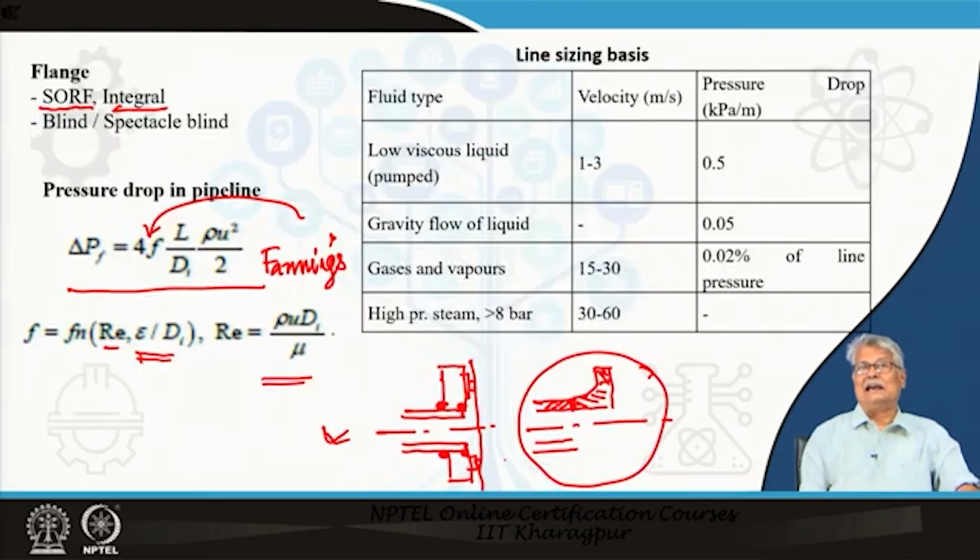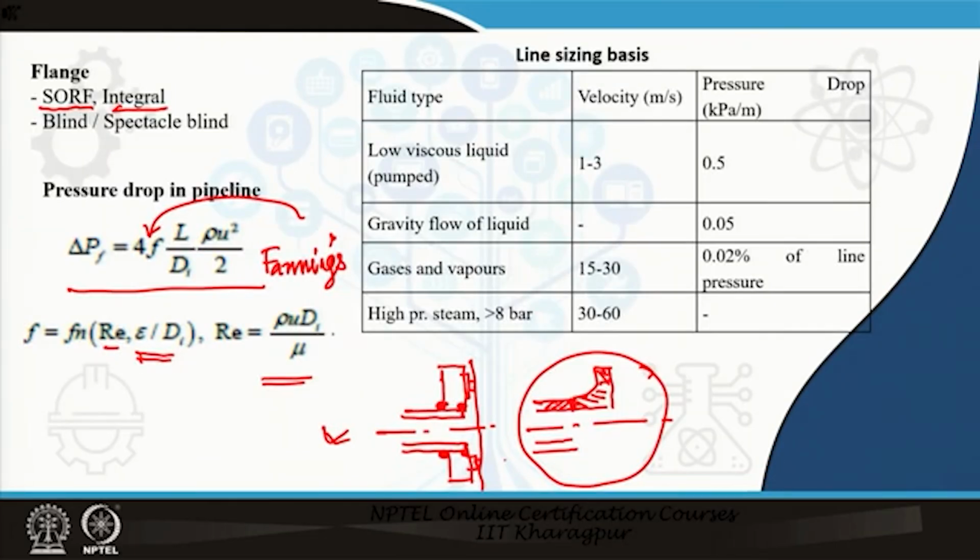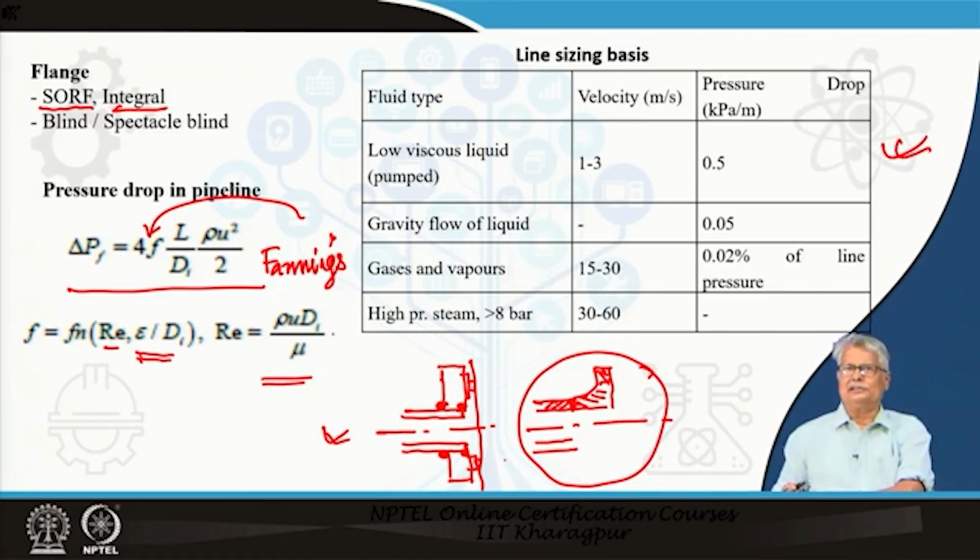Next comes the line sizing basis. The pressure drop which I can afford is one option, but in industry the typical range of velocities and the typical range of pressure drop per meter are as per this table. For most low viscous liquids, it could be water, kerosene, or even diesel oil, the velocity range is 1.3 and the typical pressure drop, mind it, in kilopascal per meter is around 0.5.